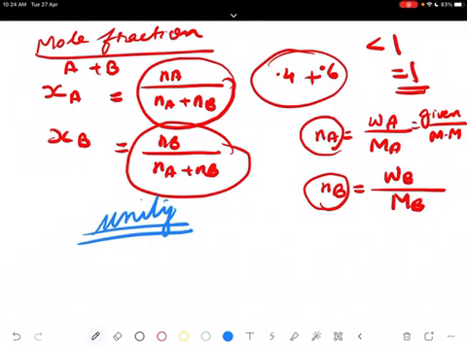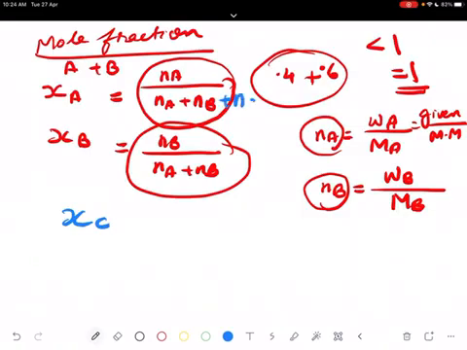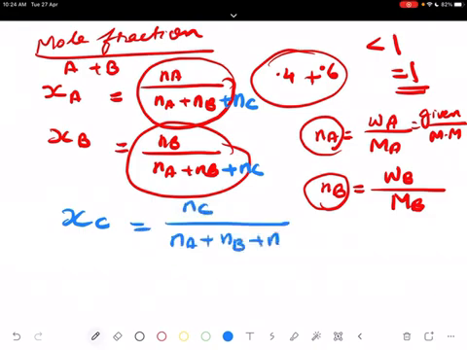Suppose there are three components. Then XC is equal to Nc upon Na plus Nb plus Nc.